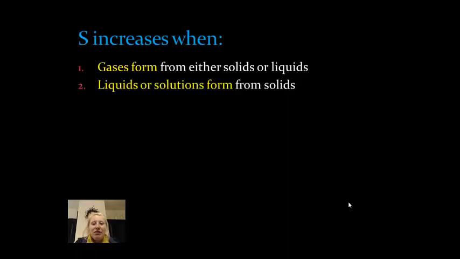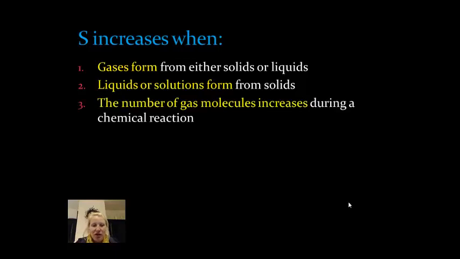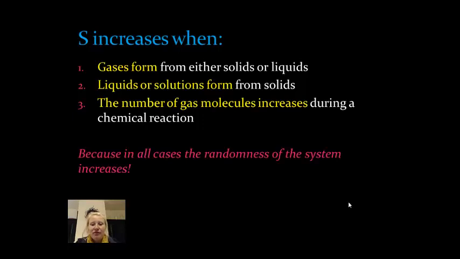If you form liquids or solutions from solids, again, you're increasing the randomness because you're dissolving a solid and allowing it to move faster. If you increase the number of gas molecules during a reaction, your entropy will increase. So if you have 2 gas molecules going to form 4 gas molecules, then your entropy is increasing. Your entropy is increasing in all these situations because your randomness is increasing.